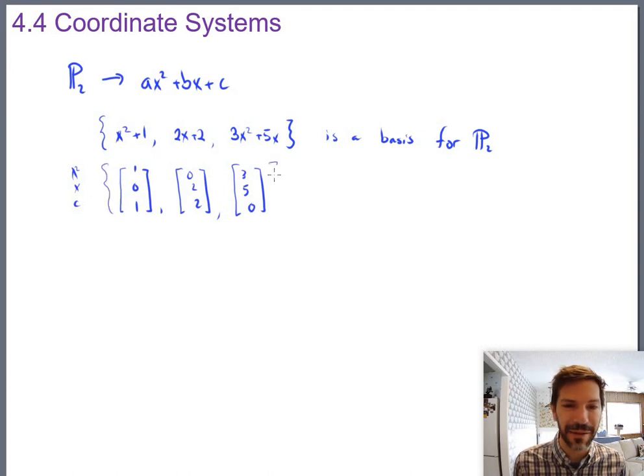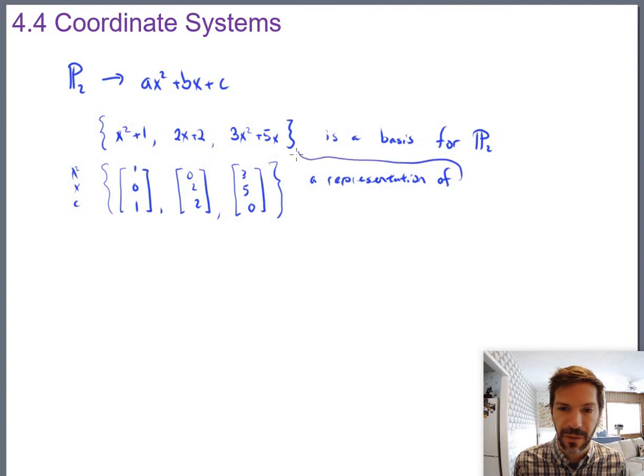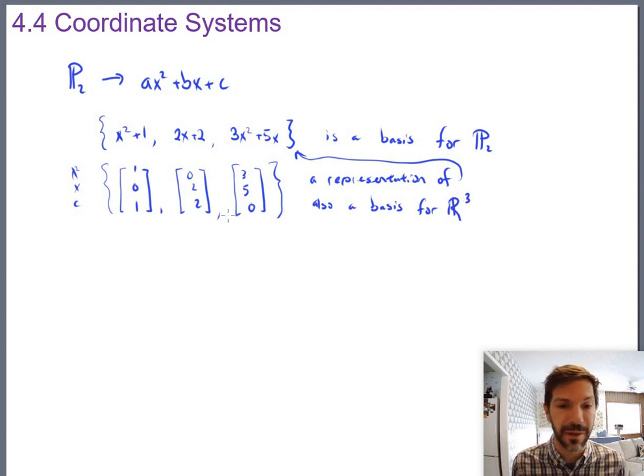You're working with exactly the same information here as you are here. Which, by the way, since these are linearly independent as well, this is both a representation of that, but it also happens to be a basis for R3. It's 3 linearly independent vectors from R3.